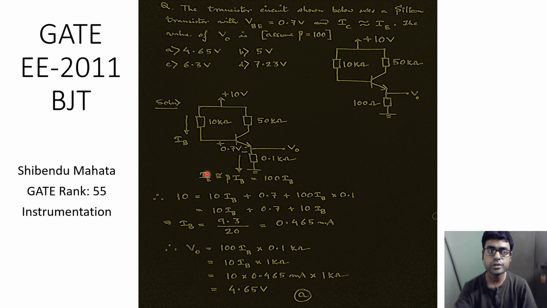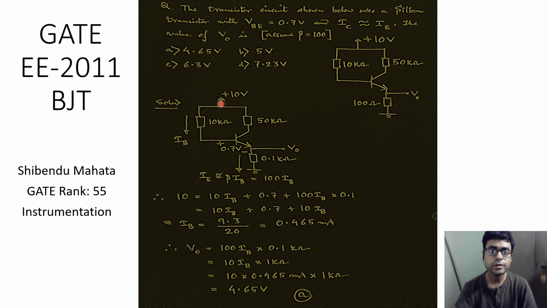The 10 volt must equal the summation of the drop across this 10 kilo ohm resistance plus this base to emitter voltage drop plus the drop across this 0.1 kilo ohm resistance.